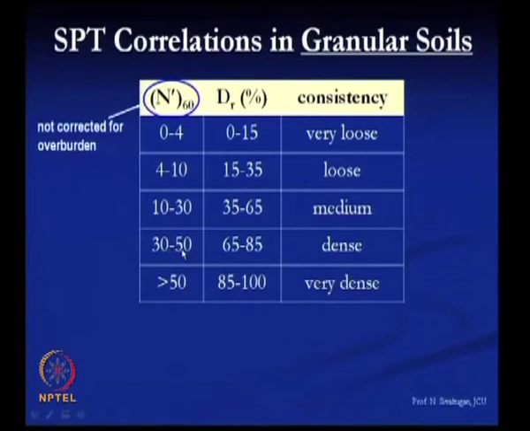If it is 30 to 50, it is dense soil, and if this value is greater than 50, then relative density is 85 to 100 and it is a very dense soil. So, you can also use this table, based on the N value, to find the relative density of the soil and identify which type of soil it is.